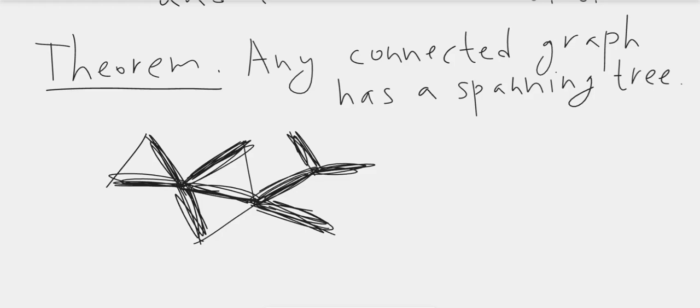Okay, so the proof is actually not that difficult. Basically all we need to do is to remove edges from the original graph as long as we can without violating the connectedness.